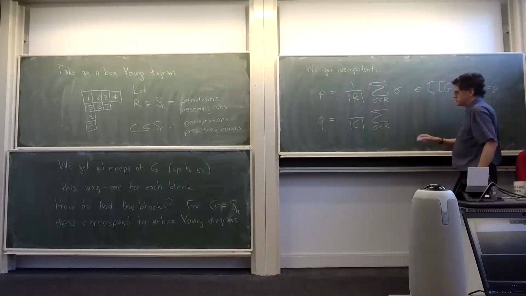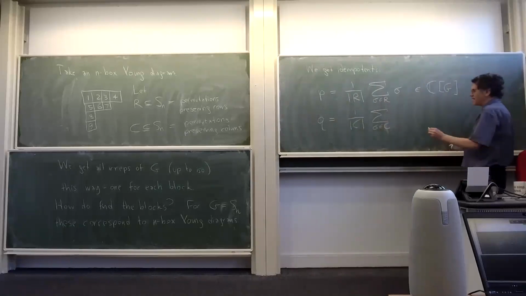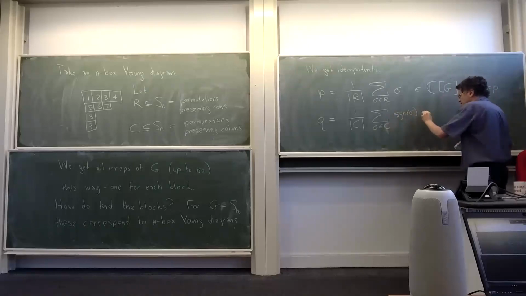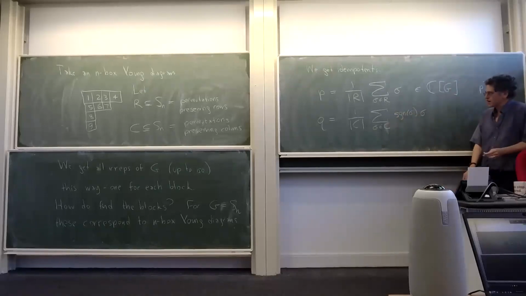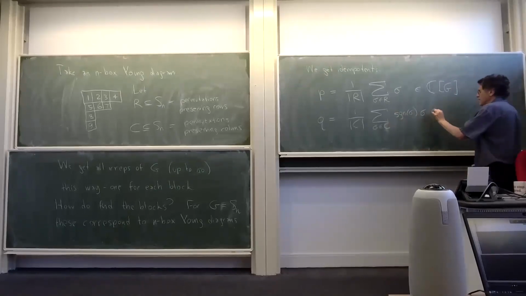And you mean C? Yes. Thanks. Instead of just doing that, we multiply each permutation by its sign. So we add all the even permutations that preserve the columns and then subtract all the odd ones.